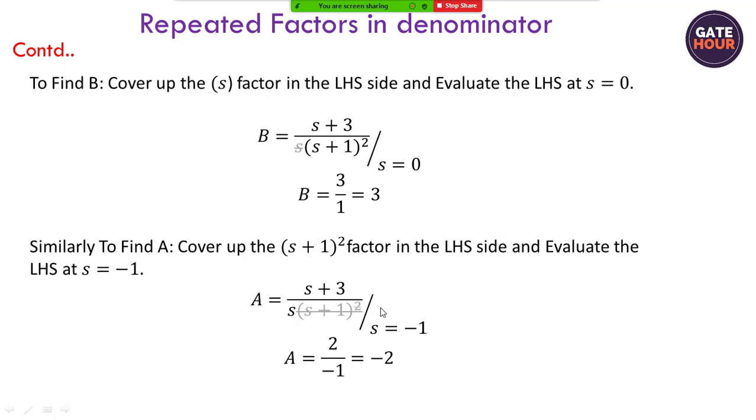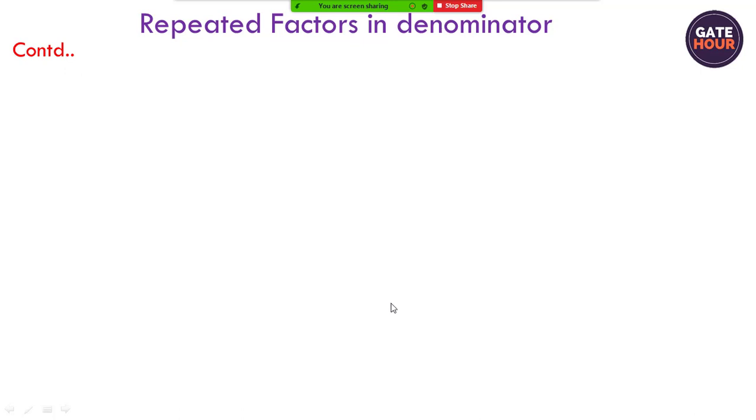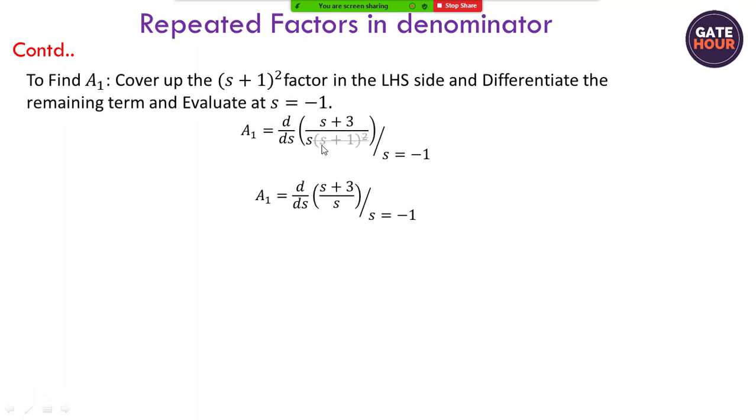Now I want to find a1. We cover the s plus 1 factor term and differentiate the remaining term. If we cover this s plus 1 whole square, the remaining term is s plus 3 divided by s. We want to differentiate this one.